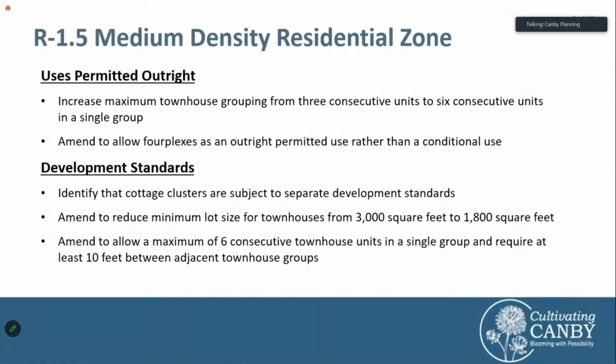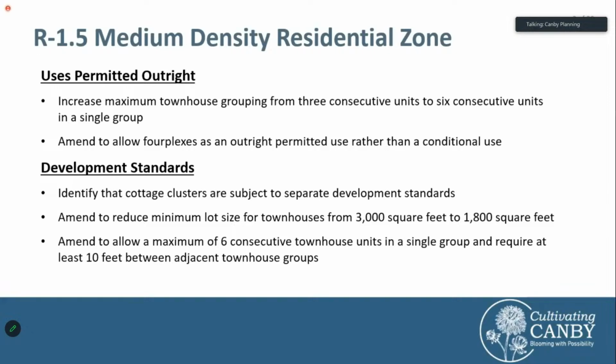Jumping back in here to development standard changes we're contemplating for R15. Again, making reference to the new cottage cluster code to direct folks to that section rather than to look at the R15 standards in particular. Also looking at changing the townhouse minimum lot size requirement from 3,000 square feet to 1,800 square feet.